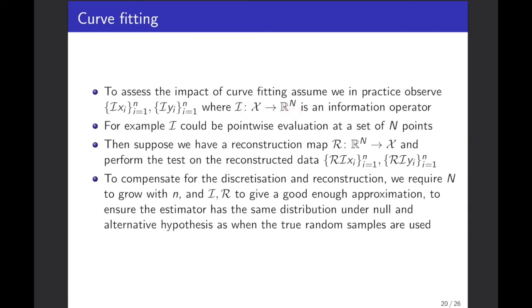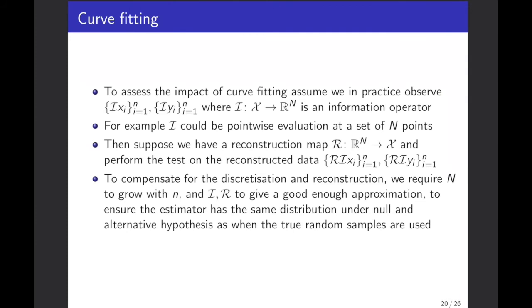A classic example is when I is pointwise evaluation at a set of N points. And then we will use R to denote the reconstruction operator, which will take that information and map back into our space calligraphic X in an attempt to approximate the true samples. So R I X sub i will be attempting to approximate X sub i.